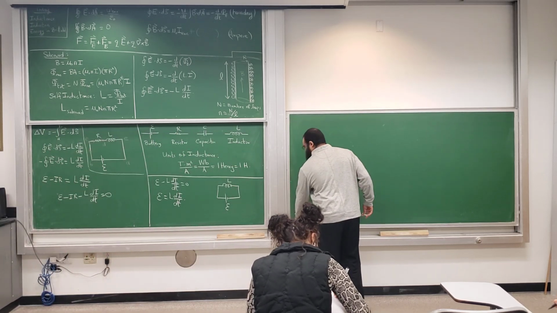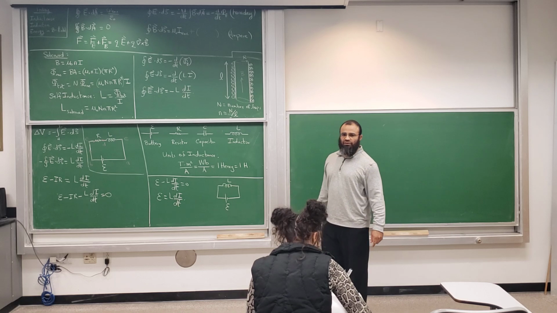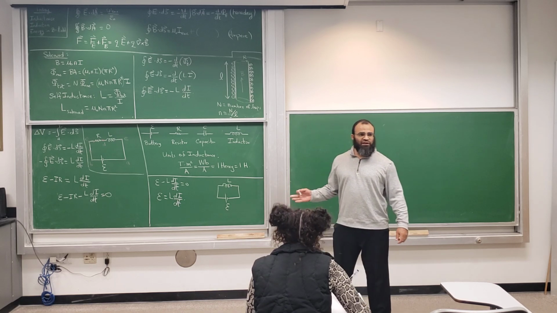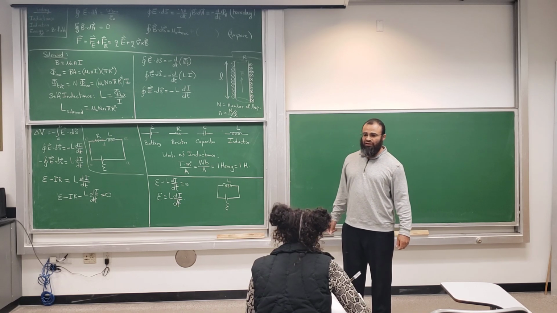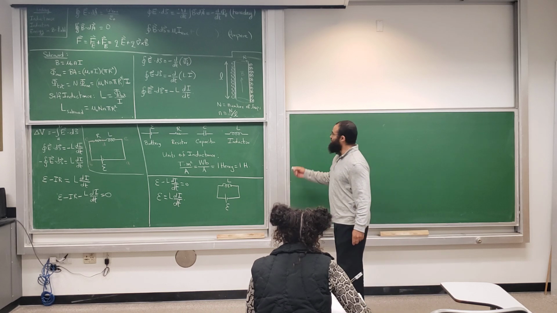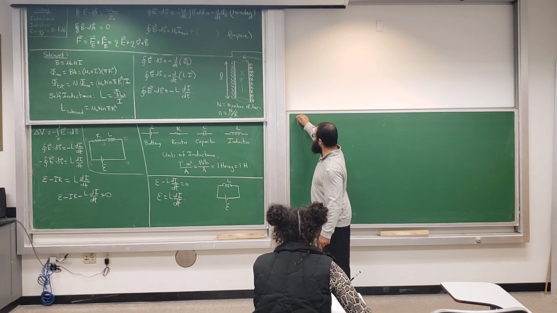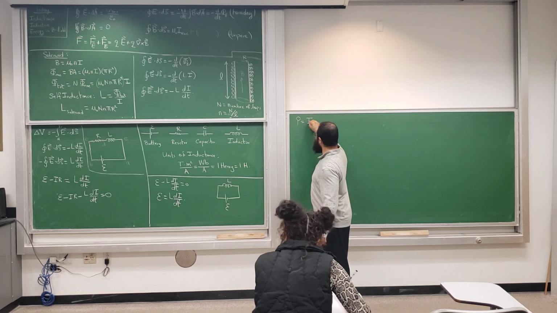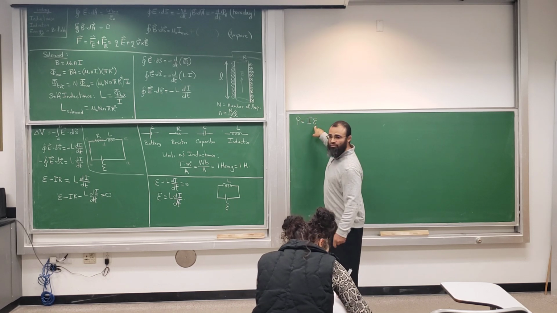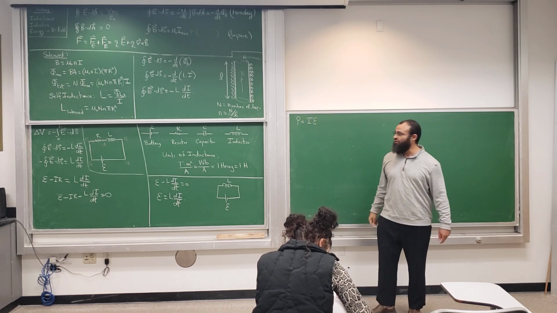Now, how much work does the battery do when the current gets through the battery? How much power does the battery get? Well, the power is I, the current through the battery, times the potential difference across the battery.